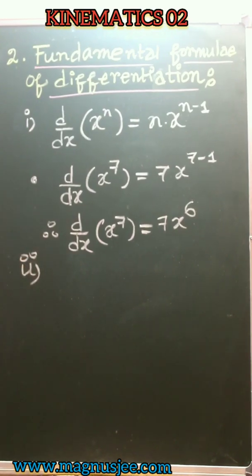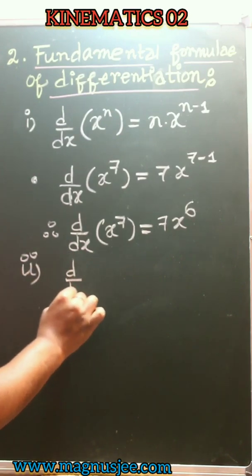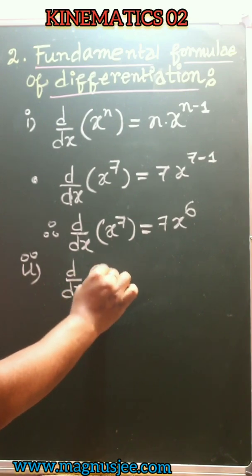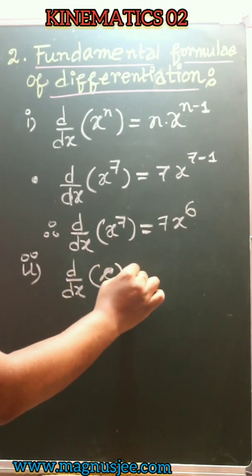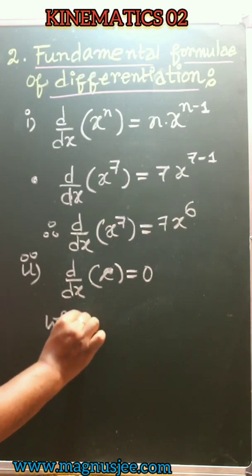Number 2 formula: ddx of c equals 0, where c is not a variable, c is a constant. C does not change.